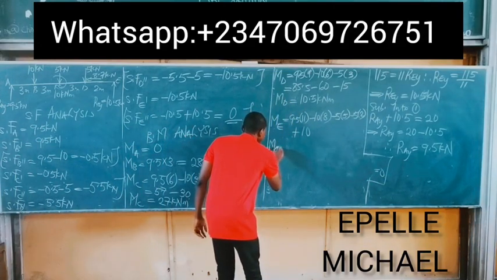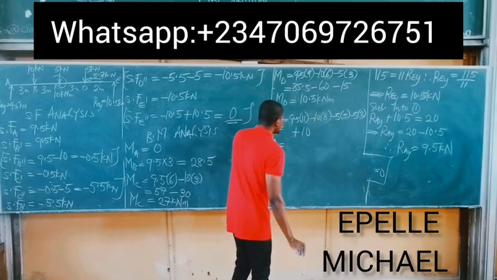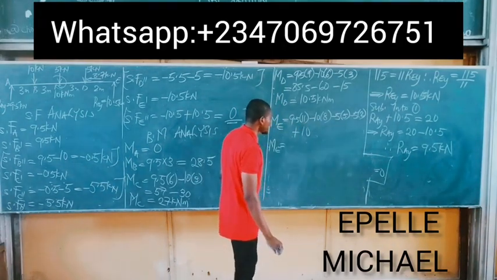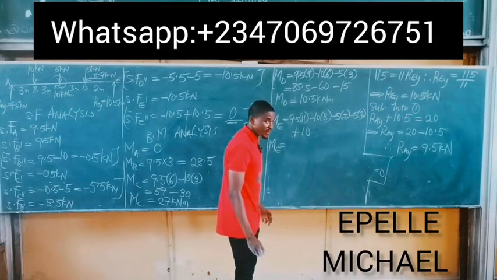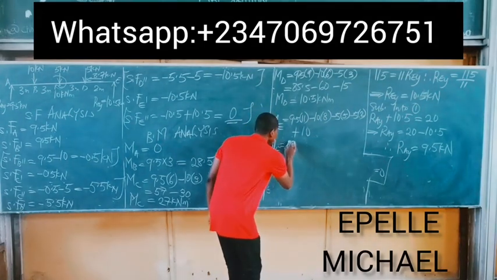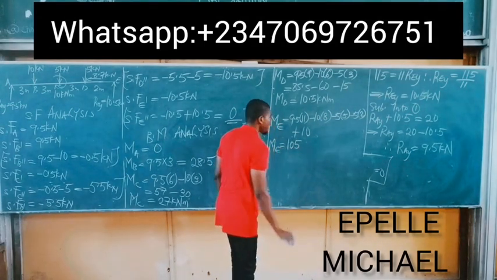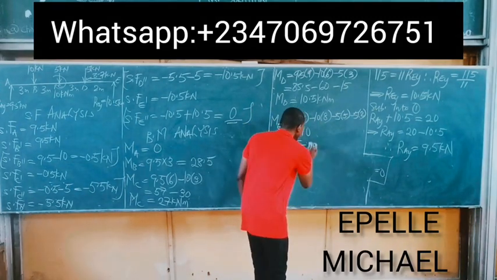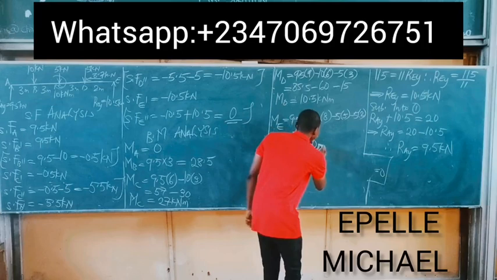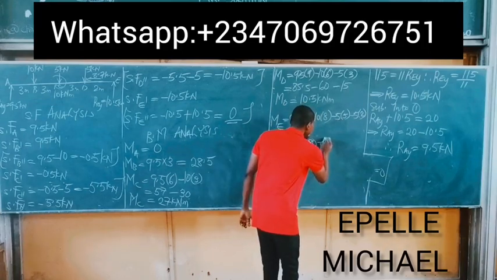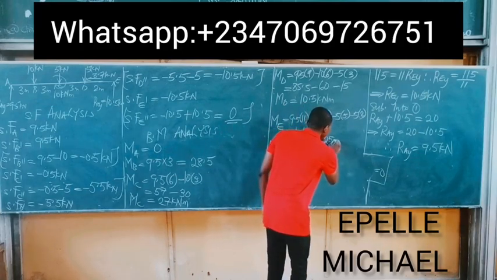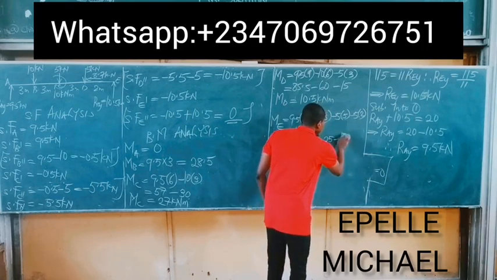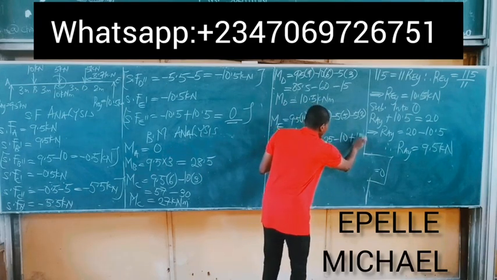Therefore, moment at E is now equal to 9.5 times 11 is 104.5, which we can approximate to 105, minus 10 times 8 is simply 80, minus 5 times 5 is simply 25, minus 5 times 2 is simply 10, plus 10.